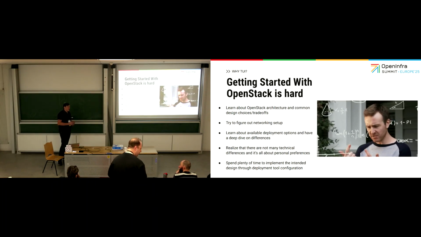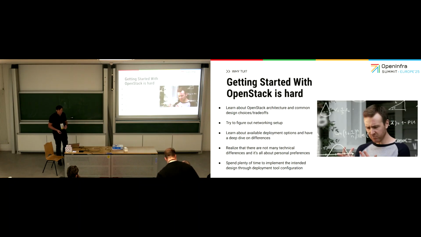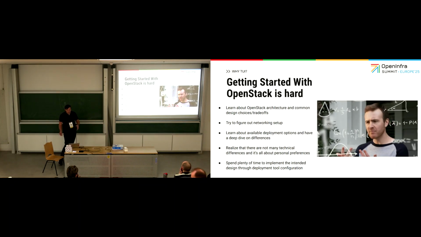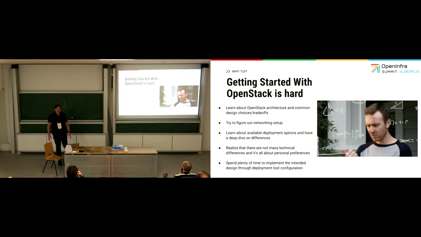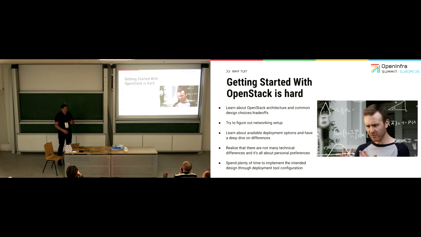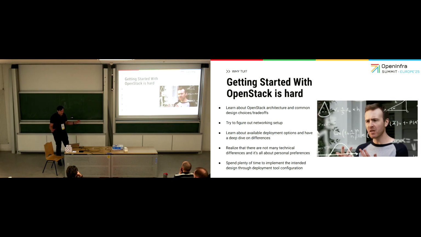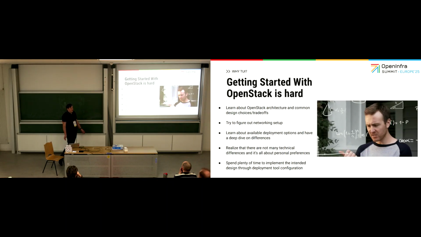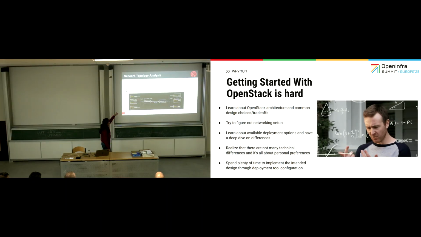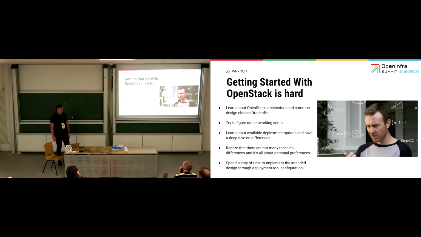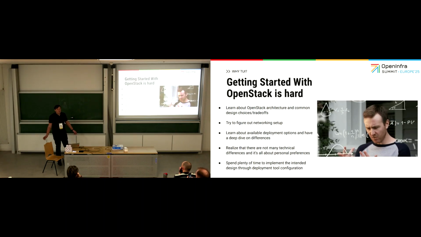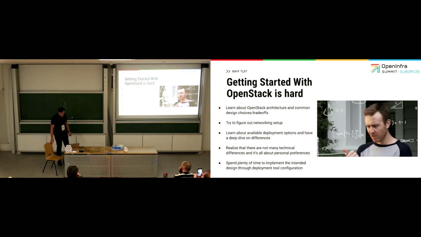You need to learn OpenStack architecture, needs and tricks, common design choices, then figure out how you would do networking, L3, L2, what network separation on different network cards, draw it on the board, and understand what options you have to deploy, maintain, and upgrade OpenStack, because it's not trivial at first. But when you dig deeper, you realize it's pretty much about your preference, because all deployment tools do pretty much the same thing, just in different ways.